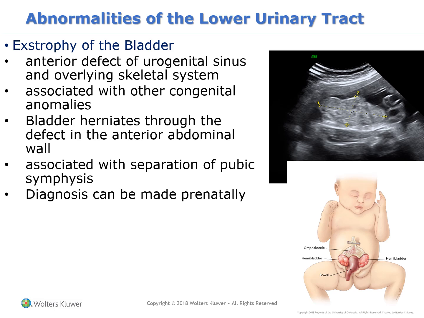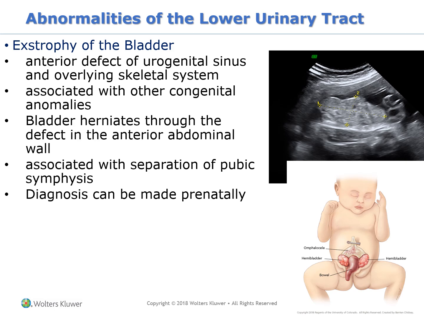It also has a defect in the skeletal system, and those two defects come together, and they allow the bladder to herniate through the abdominal wall defect. Lots of times it has a separation of the pubic symphysis, so that does not have a complete closure in the pelvis and allows the bladder to basically develop and grow outside of the abdomen and pelvis.